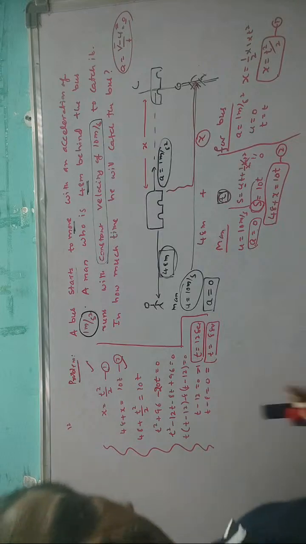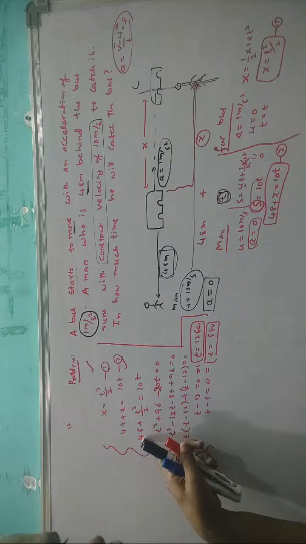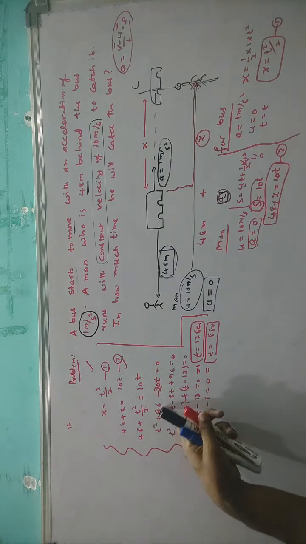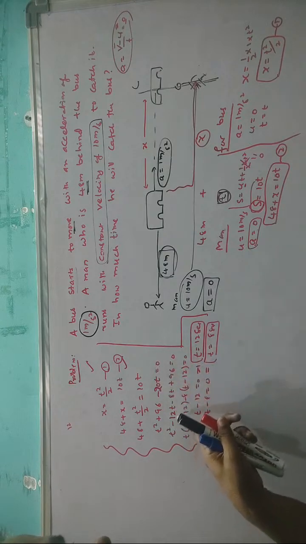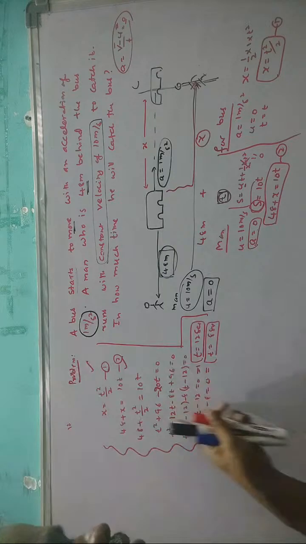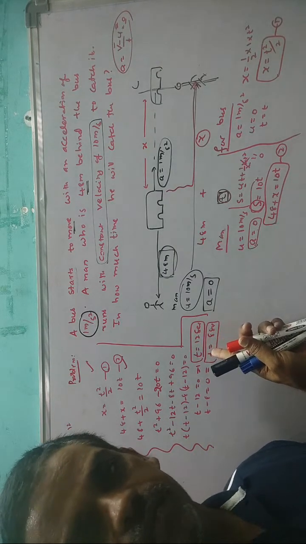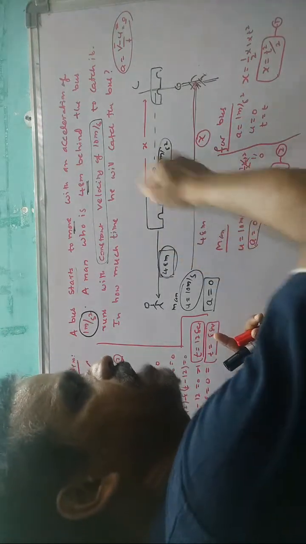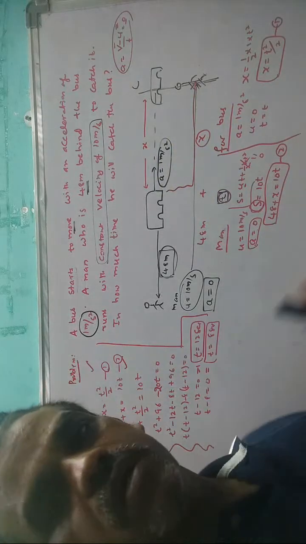Multiplying by 2: 96 plus t squared minus 20t equals 0. This is a quadratic equation. So I solve for t. If you know a little bit of mathematics, you can get t equal to either 12 or 8 seconds. So in 12 seconds or 8 seconds, the man can catch the bus.